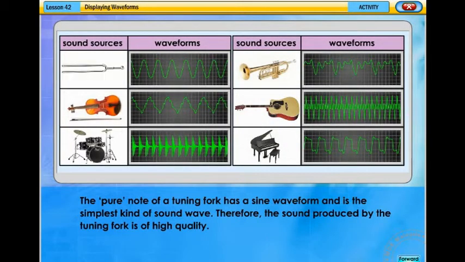The pure note of a tuning fork has a sine waveform and is the simplest kind of sound wave. Therefore, the sound produced by the tuning fork is of high quality.